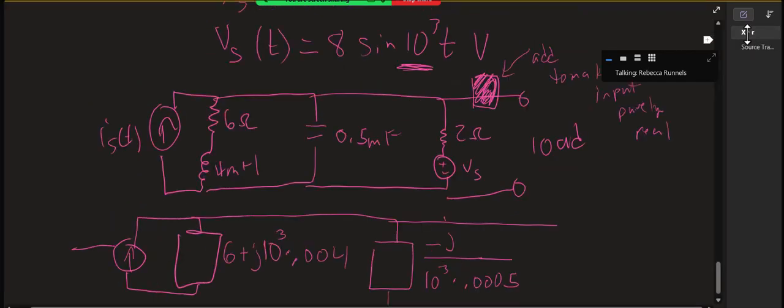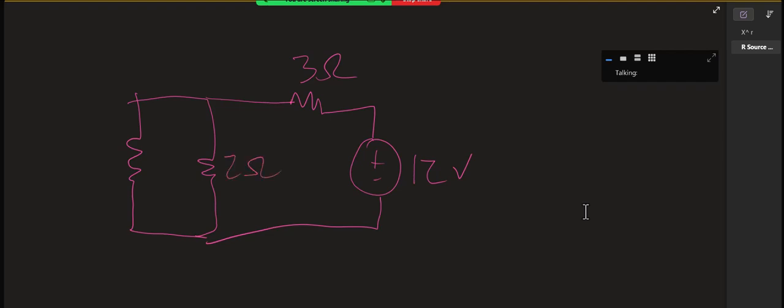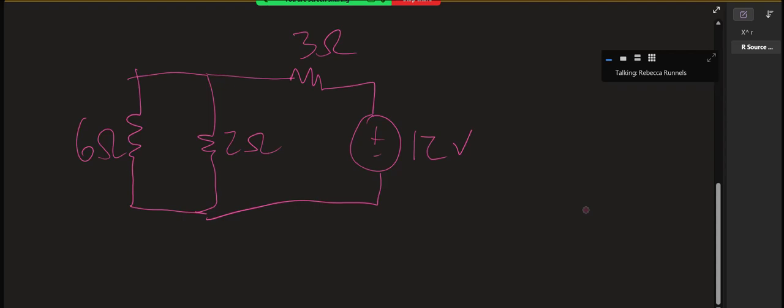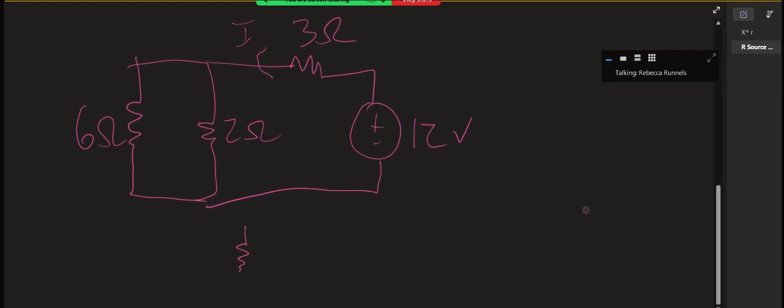So just real quick before I go back to the original problem, if I had this and I wanted to find the current right here, then the easiest way to do this is with a source transformation.